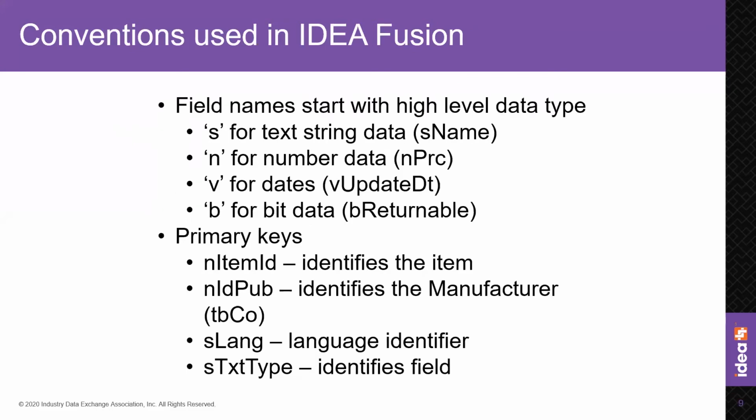Language is a very common part of primary key, obviously, where we've got tables where there's multiple languages. Text type is a very common field where we're identifying what field we're actually storing in that record. And we'll go over that in just a few minutes.